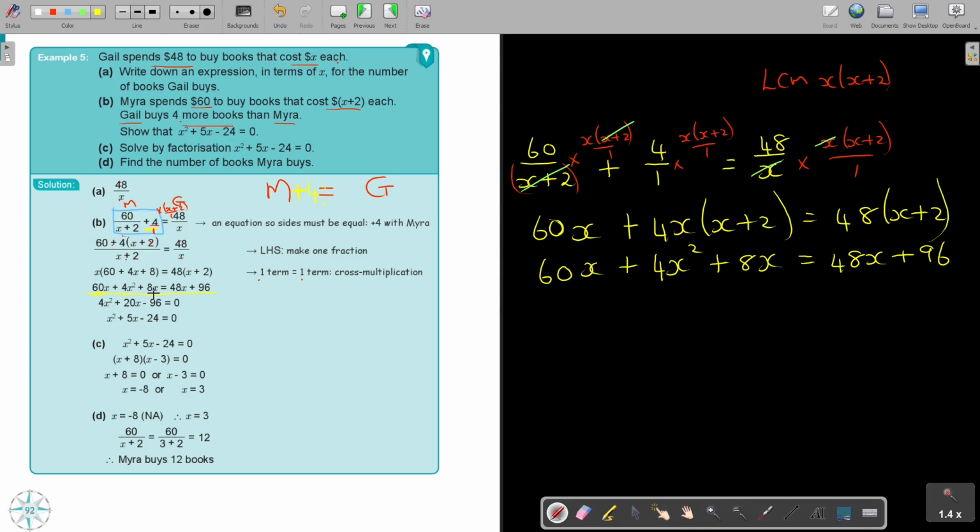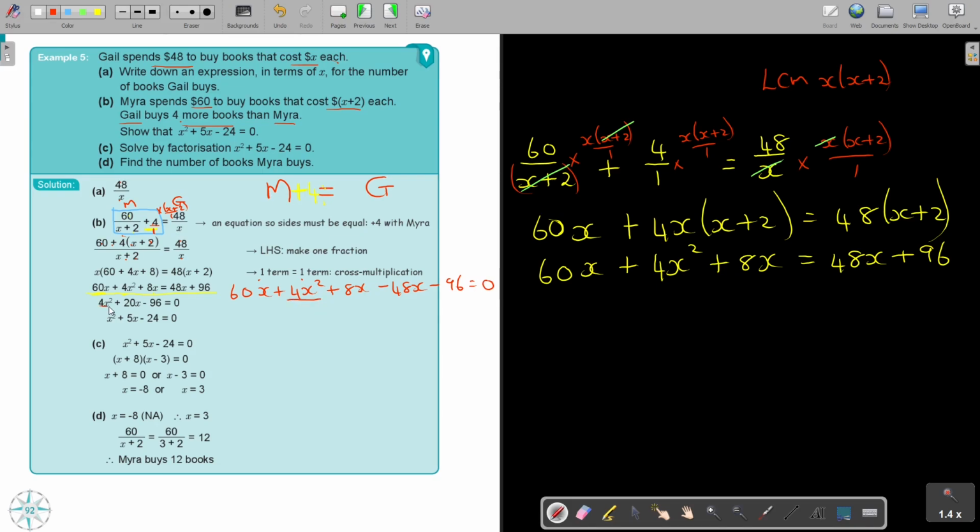Now I simplify. As soon as I could have put this step in, it was just saying 60x plus 4x squared plus 8x minus 48x minus 96 equals 0. As soon as I see quadratic, everything to one side. So there is the 4x squared.